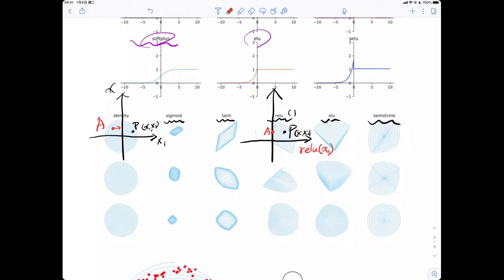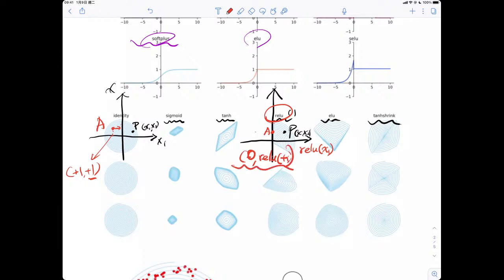So the value becomes 0. For example, A originally in the original space has coordinates +1 and -1, but after you pass through ReLU, it becomes 0 and ReLU of +1.